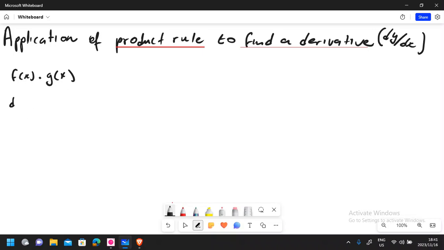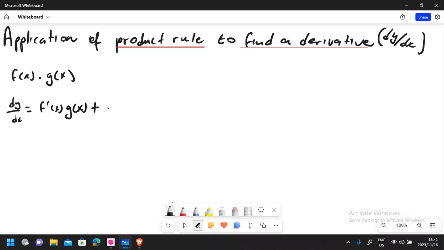Now when you find the dy over dx of this function here, you have to derive the first function. For example, f of x prime, then you multiply by the second function, which is not deriving the original, as you can see here.